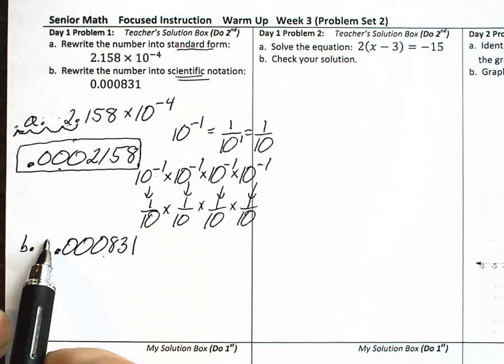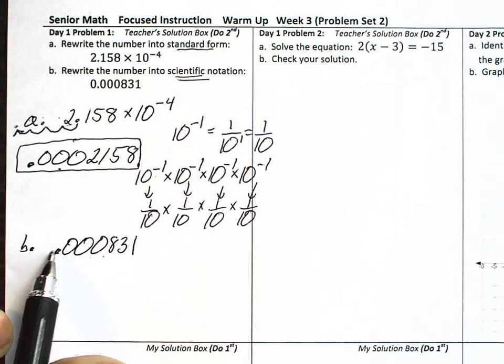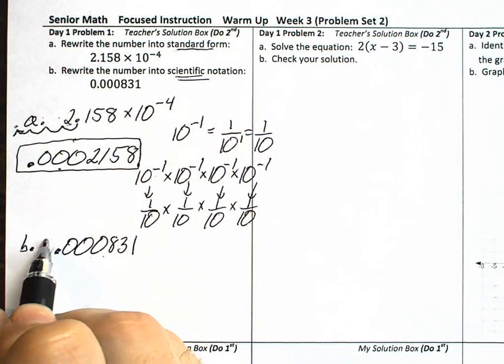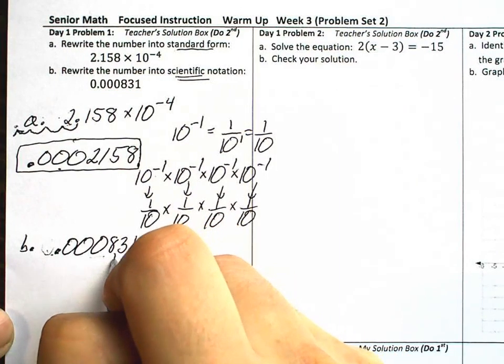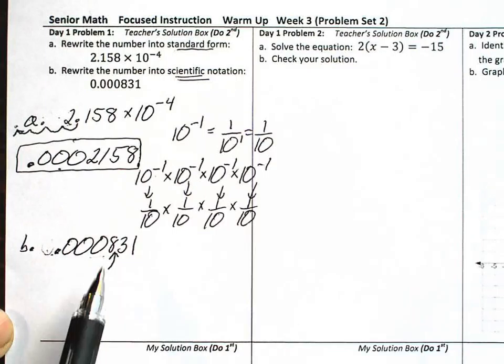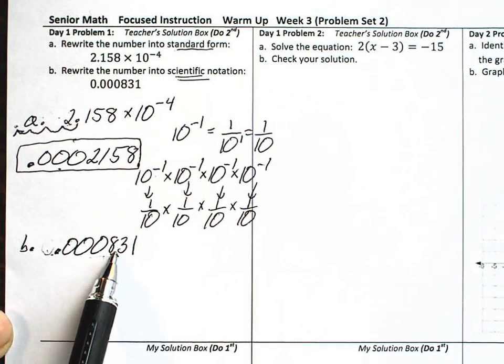Right now, here's the decimal point. There is not a non-zero number to the left. If anything, there's a 0 to the left of the decimal point. We need to have one non-zero number to the left of the decimal point. That means we would like it to go here, so that the digit 8 is that one number that comes to the left of that decimal point.